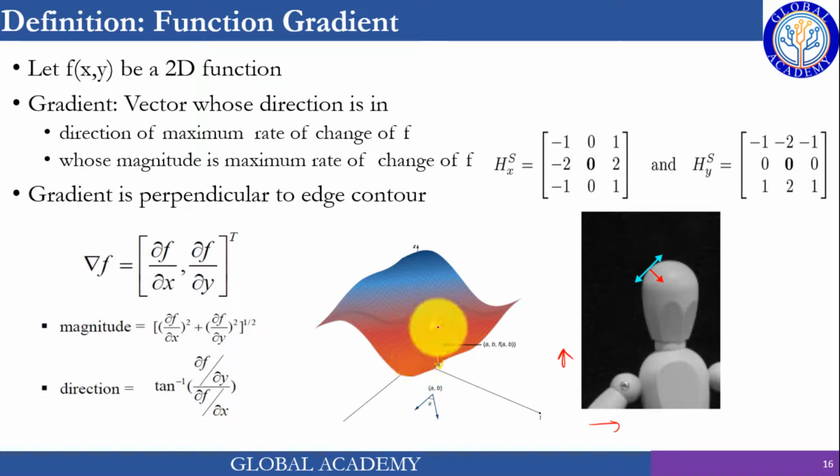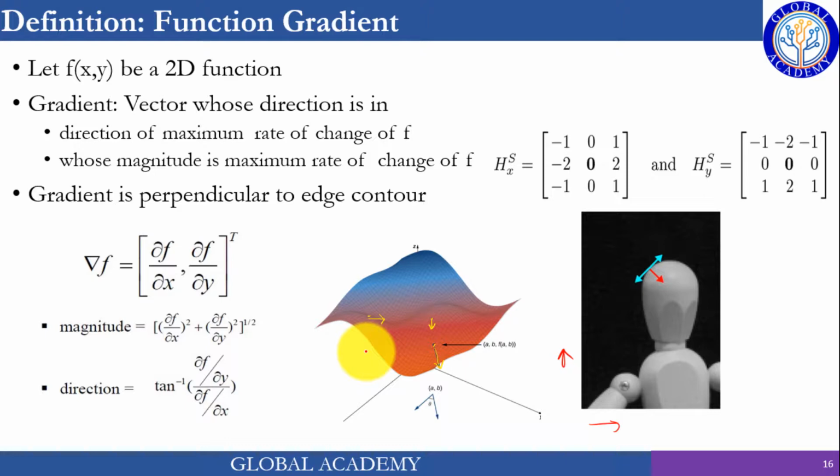So it purely depends on the change in the surface at that point. Say at this point, the gradient would be towards this direction. So the direction of the gradient provides the direction of the maximum change of that surface at that point. And similarly, we can compute the magnitude that will show the magnitude of change.